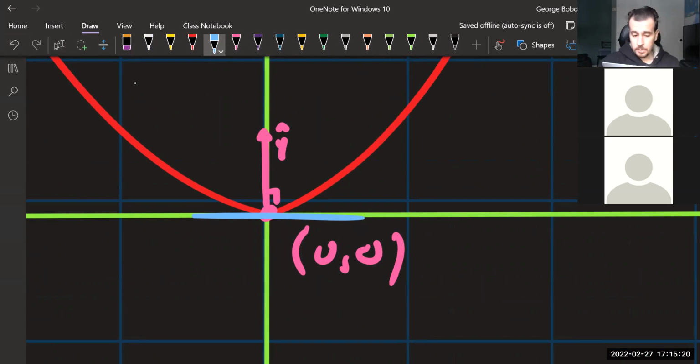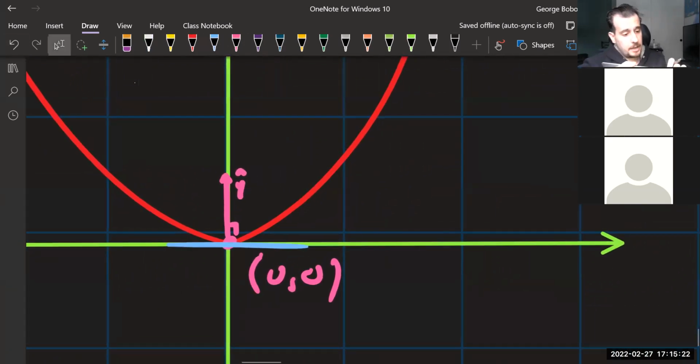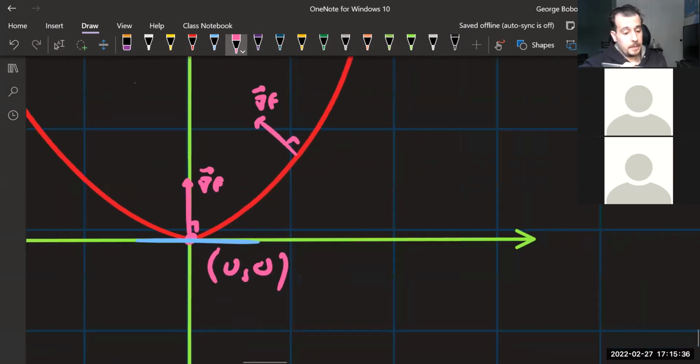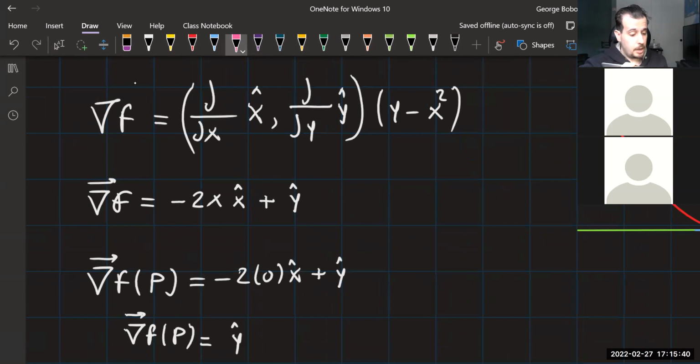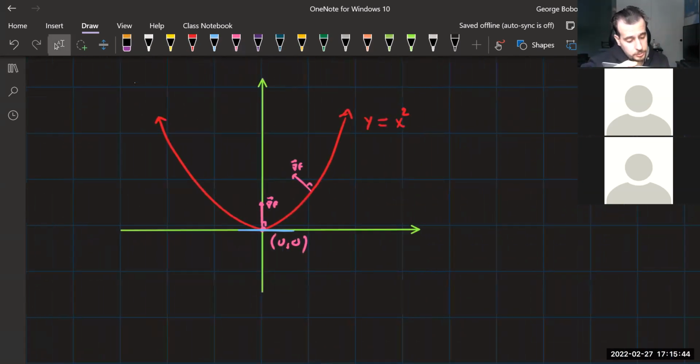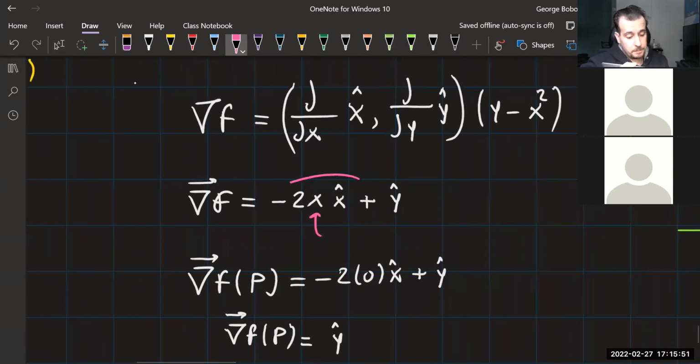Obviously, as I grow the value of x, those gradients change direction. The gradient out there is very different than the gradient at 0, 0. But remember, we have the formula to find these vectors. If I was out there, I would put in an x value of 2, and then I would get an x component on my gradient.